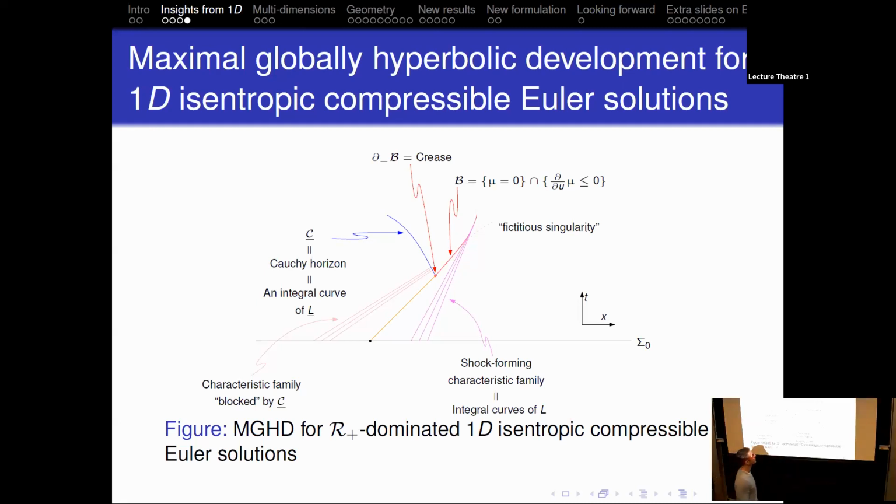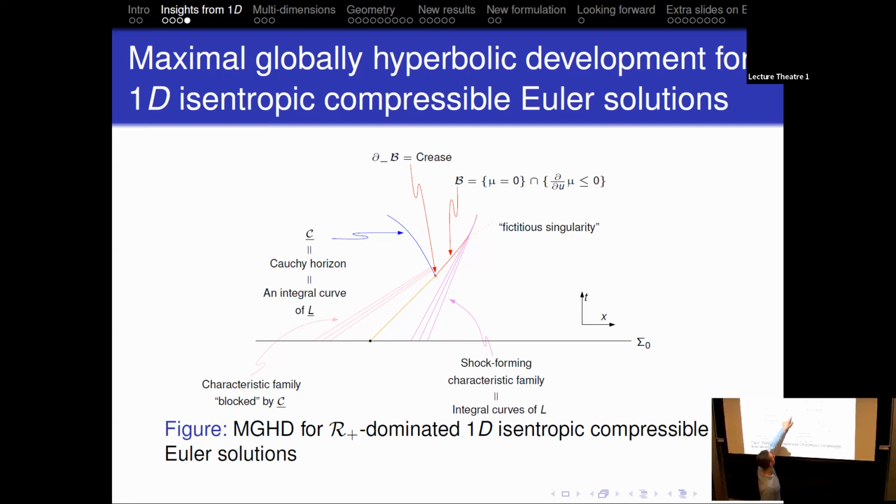Now, if you're interested in globally hyperbolic regions, because you're interested in constructing the maximal globally hyperbolic development, then once you have a singularity, you have to remove essentially the future cone of that point from the space-time.